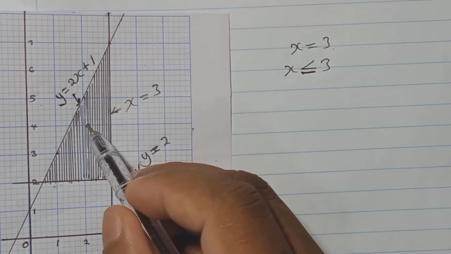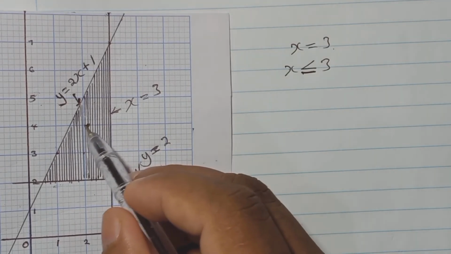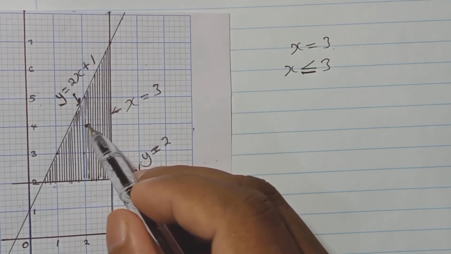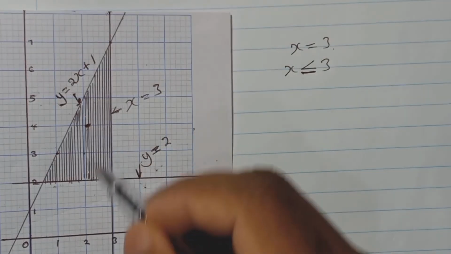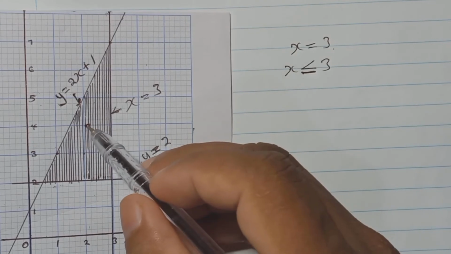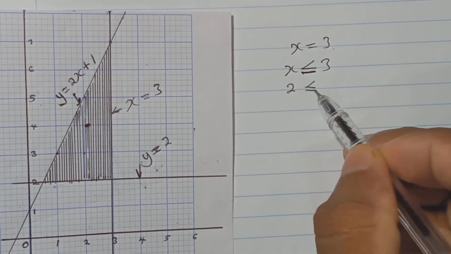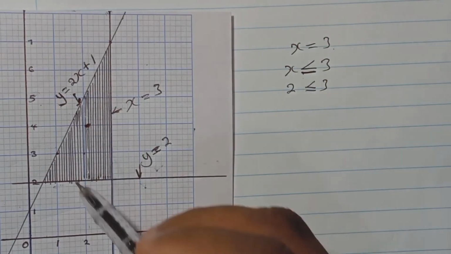You can get this point easily. What is the x value of this point? The x value is 2. We have only x here, so for x, put 2. So 2 is less than 3. Now you can check.